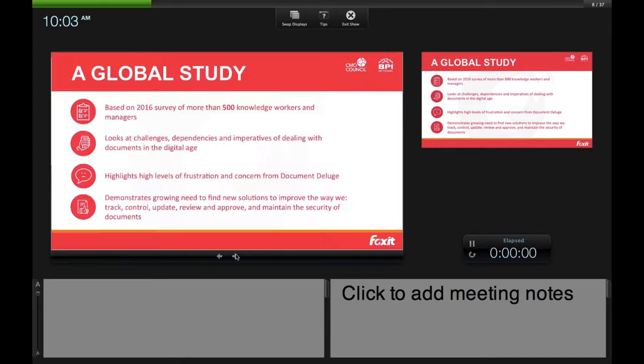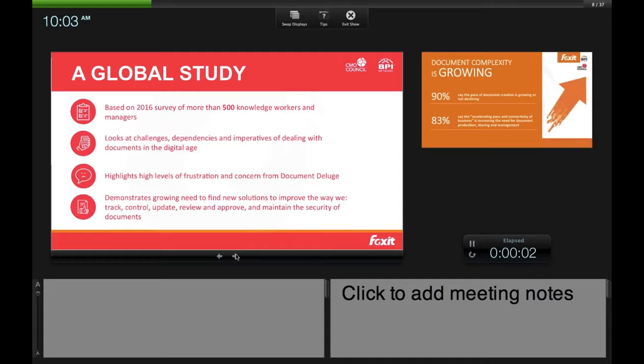Let me just give you a little background on the study itself. We did a survey in 2016 of more than 500 knowledge workers and managers around the world, looking at the challenges and dependencies of dealing with documents in a digital age.